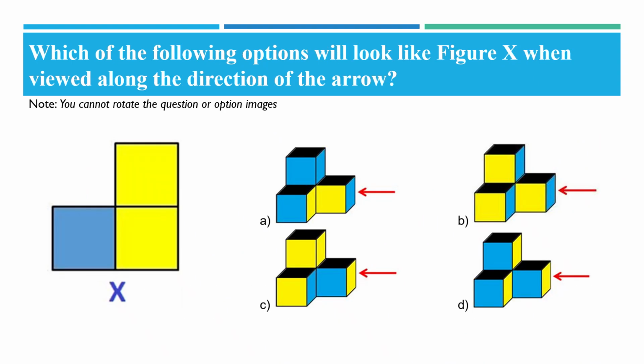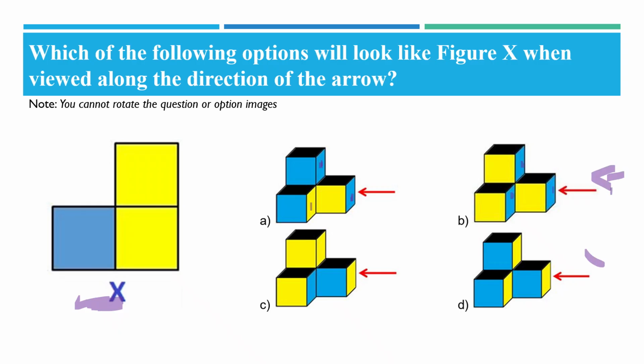The next question: which of the following options will look like figure X when viewed along the direction of the arrow? It's all from the right side. So here I get one yellow and two blue if I'm not wrong. And here I get all three blues if I look from the right side.